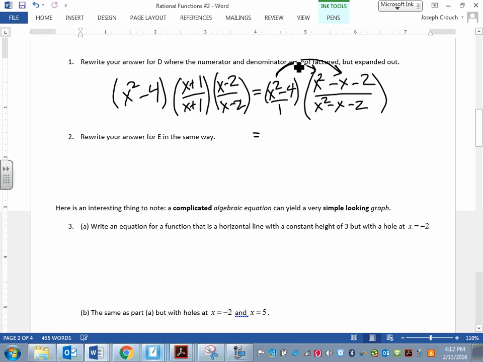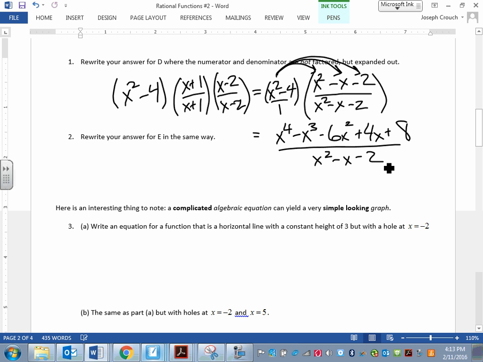And then I'm going to have to distribute the negative 4 to everything. And after that, I do some fun combining of like terms, and I will get x to the fourth minus x cubed minus 6x squared plus 4x plus 8. And on the bottom, I'm doing 1 times what I have, so it just stays the same, minus 2.